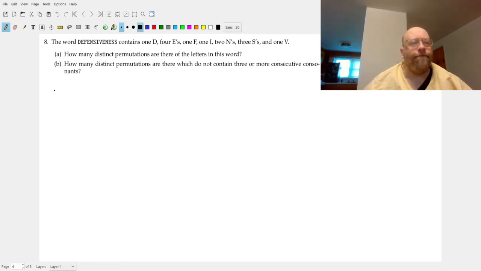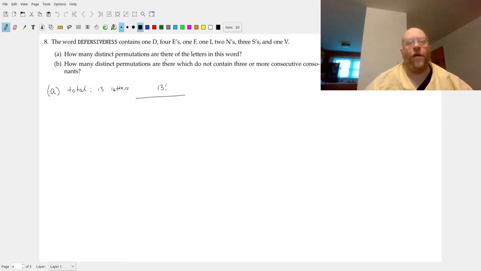Okay. So that's not too hard. There are a total of 1 plus 4 plus 1 is 6, 7, 8, 9, 10, 11, 12, 13 letters. And so there would be 13 factorial different permutations if all 13 letters were different.